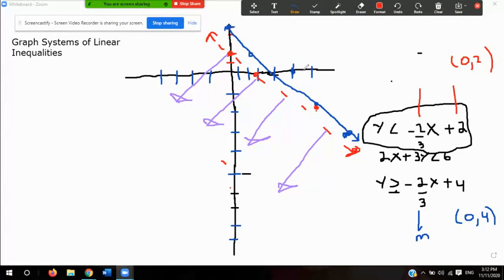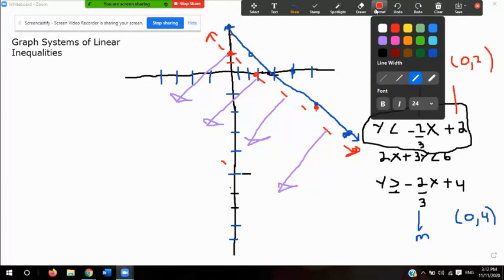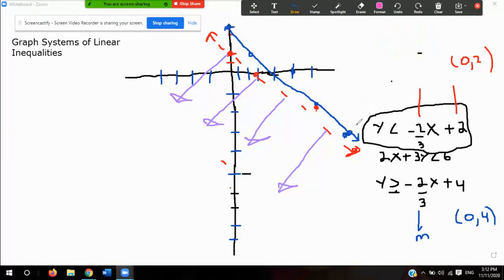Remember, greater than usually means right, less than means to the left. So we're going to use, you know what? I like the fuchsia color today. So let's use the fuchsia color. And that means that we have our graphs going upward. Now, if you notice, the answers are in two different positions.